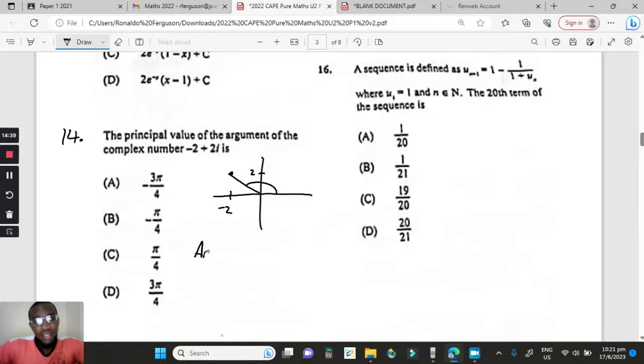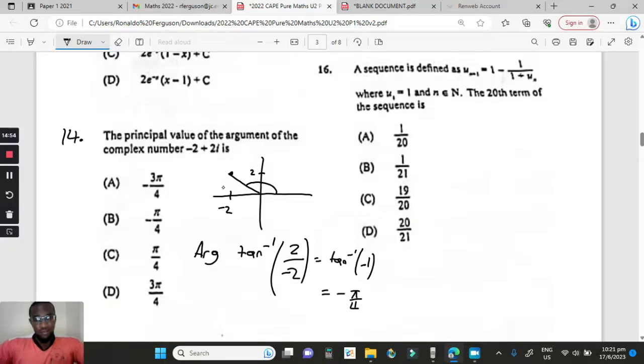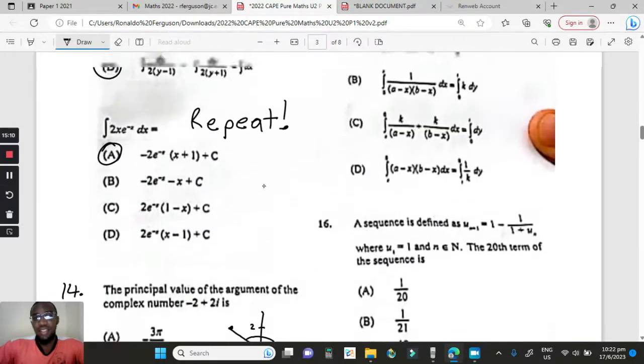The argument is tan inverse b over a. So tan inverse 2 over minus 2, which is tan inverse minus 1, which is negative pi over 4. But it's pi plus. So pi plus negative pi over 4 is 3 pi over 4. That's the argument, 3 pi over 4, because it's in the second quadrant.